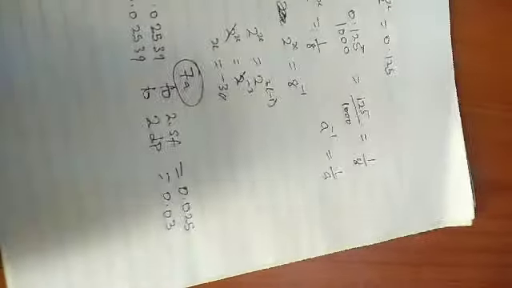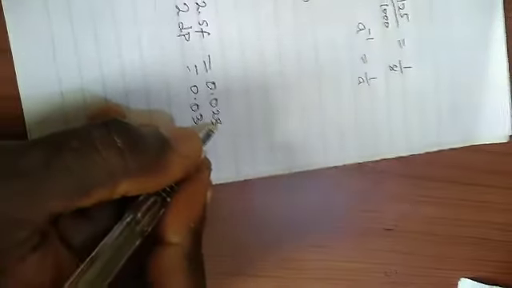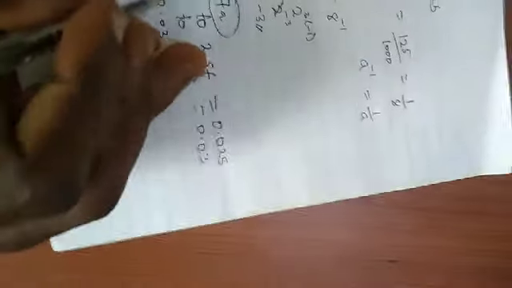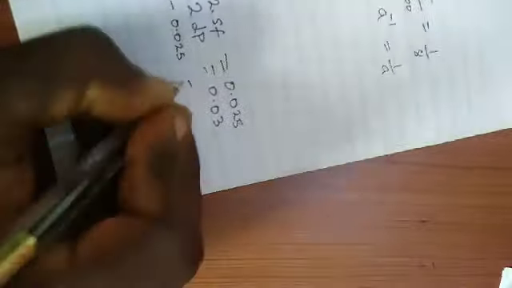So in order to calculate the error in his measurement, we subtract: 0.03, which is the actual measurement that was supposed to be measured, minus 0.025, and that will give us 0.005.